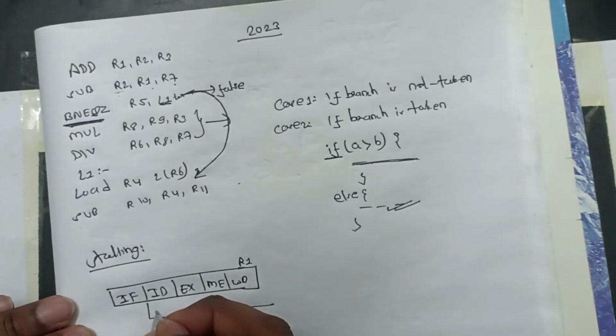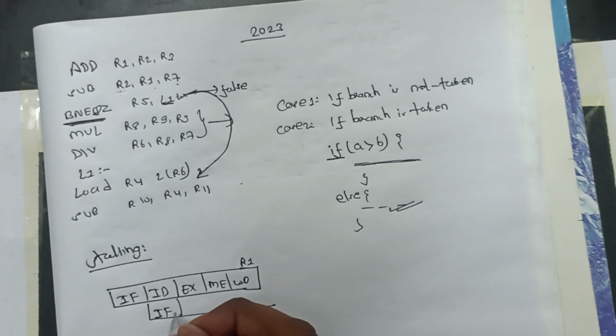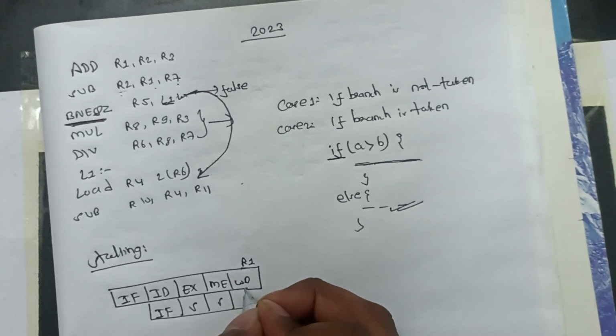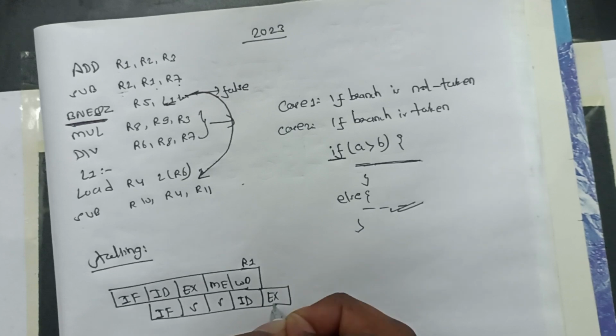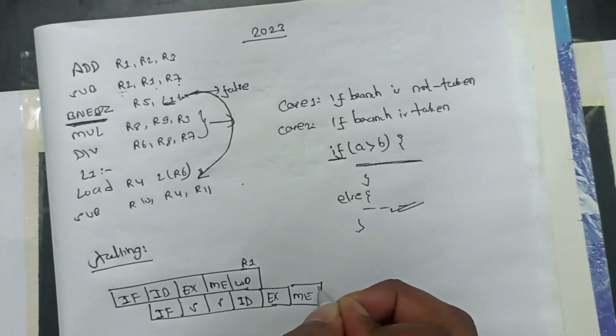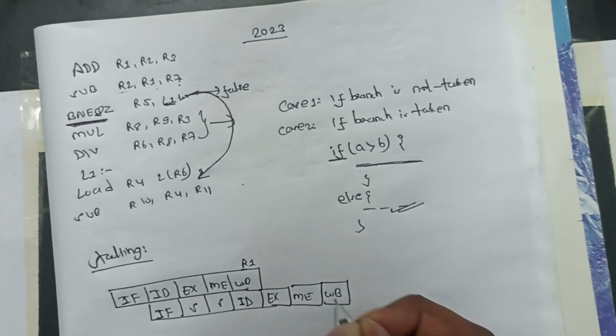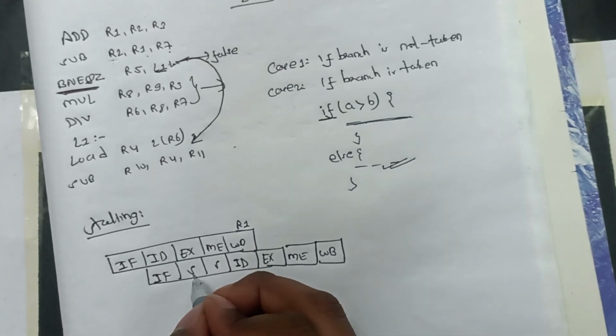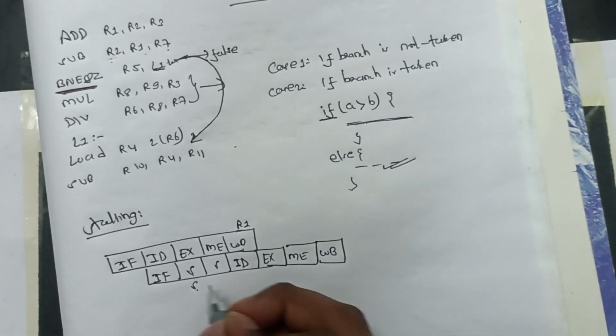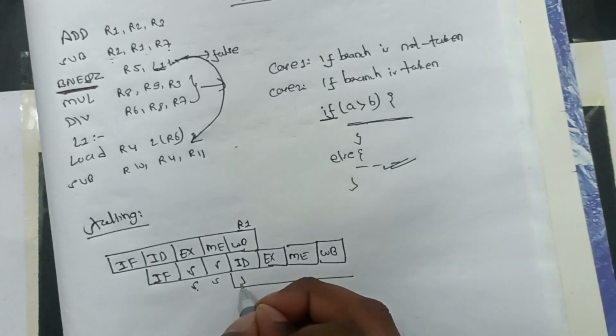I cannot take the wrong value at the beginning, so stall. Here I get the value of R1: ID, EX, ME, WB. Okay, no issue. I cannot start from here because it is stalling.